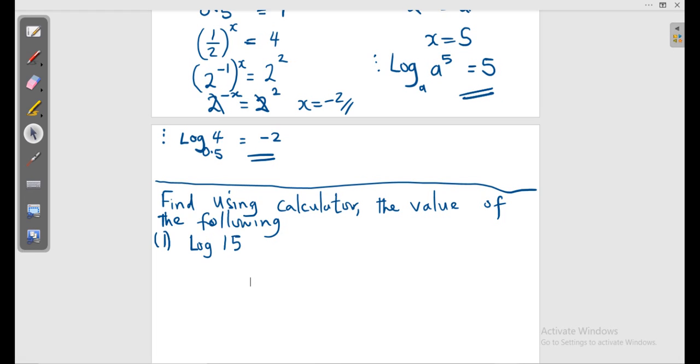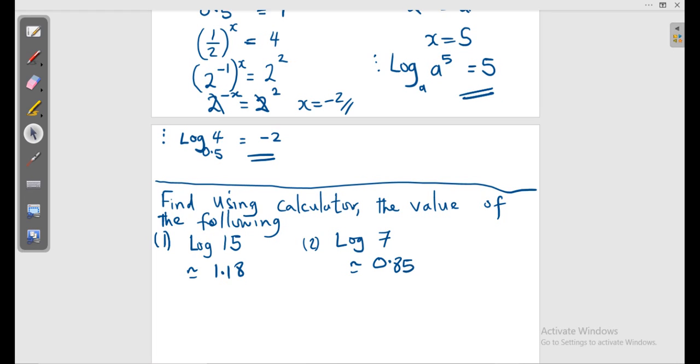Number 2, log 7. These ones are very easy to do. You just plug it in on the calculator and say log 15, and you will get an approximated value of 1.18. And in the case of log 7, you will get an approximated value of 0.85.